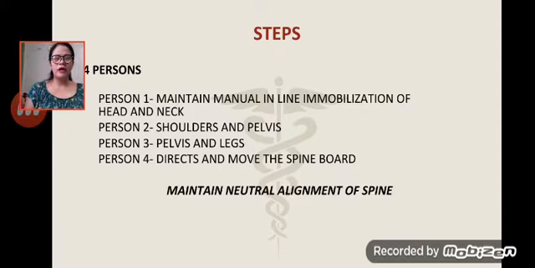In some other hospitals, they can easily perform this kind of technique if they have ample manpower. But if you don't have any manpower, you might as well use the 3 persons or the 2 persons technique for as long as you maintain the neutral alignment of the spine of the patient.